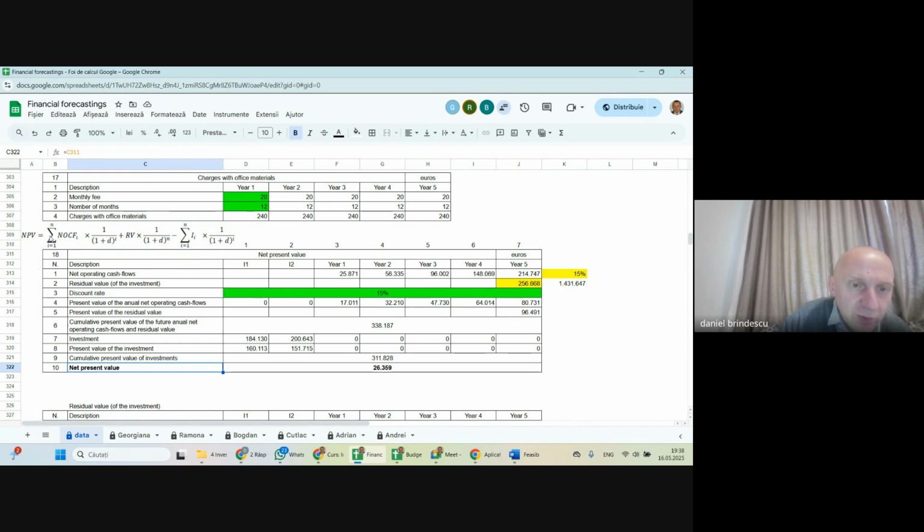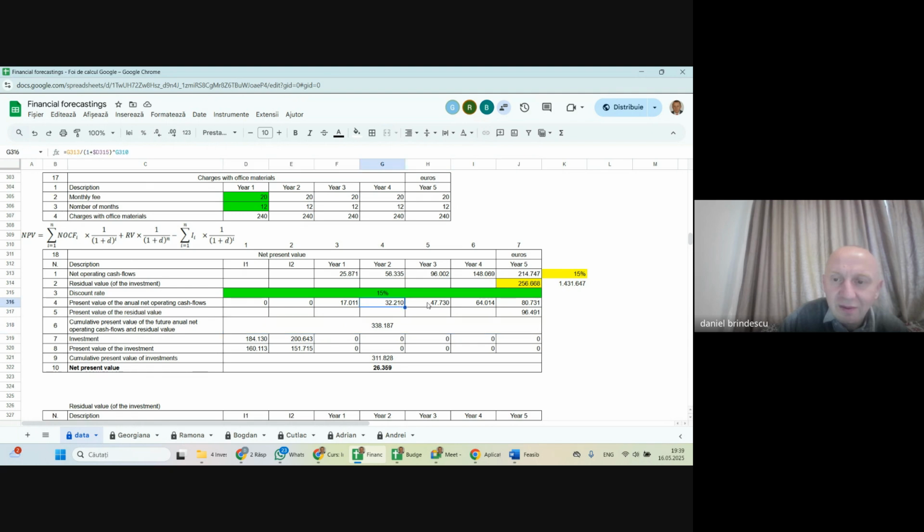From here up to the minus sign, this is the sum of everything plus the residual value.